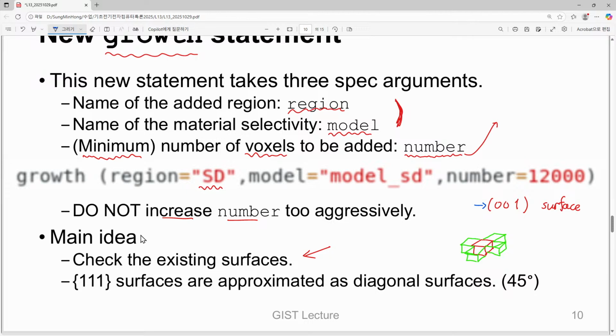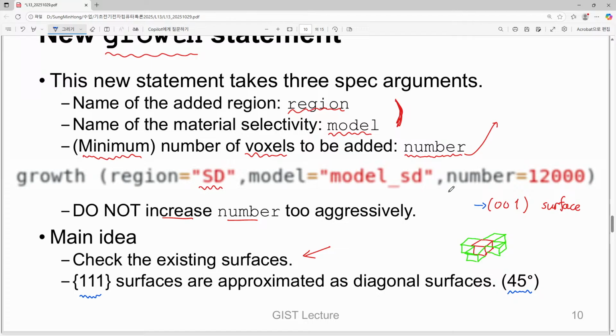And also, giving up the precise description of a 111 surface: the 111 surface has a steeper angle with respect to the xy plane in our coordinate system. Its angle is slightly higher than 50 degrees, but we will just start here with 45 degrees. So please understand the limitations of my current implementation.